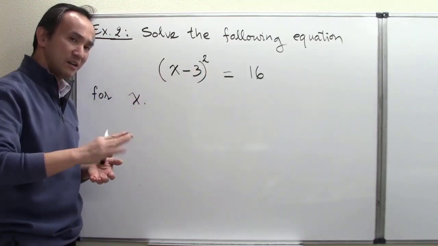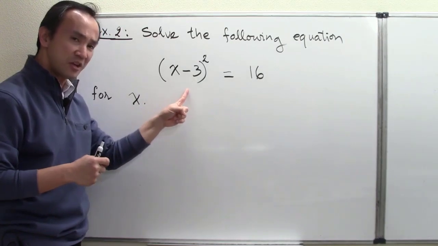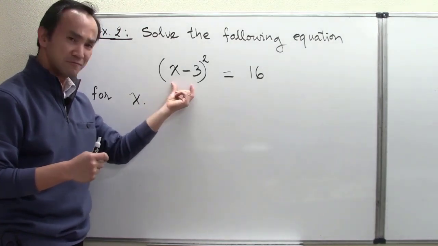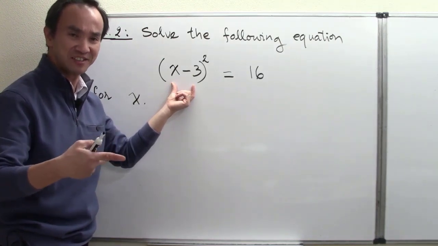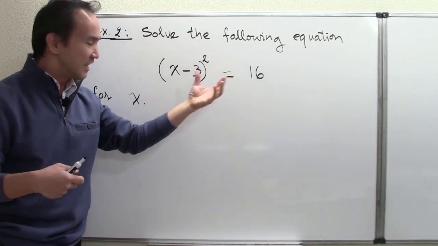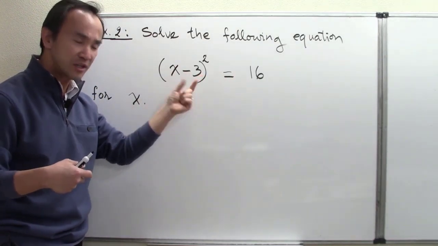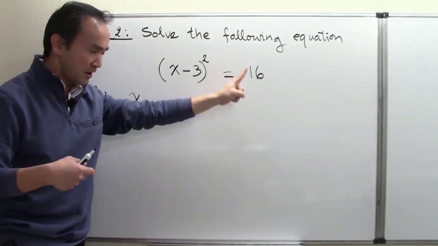A little unlike the problem I did in example 1, what we have here is an expression that's a little fancier than the earlier problem. The earlier problem was simply an x squared. And here I have an x minus 3, all squared. So some expression squared equals a non-negative number on the opposite side.